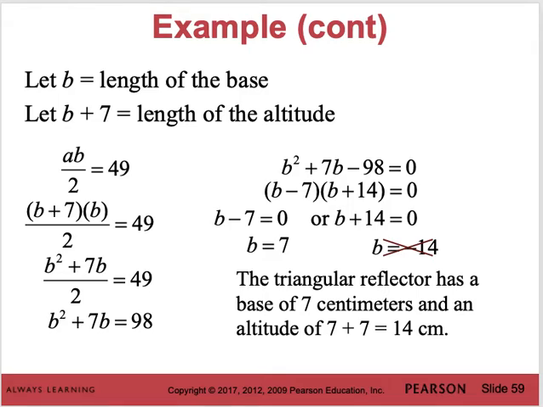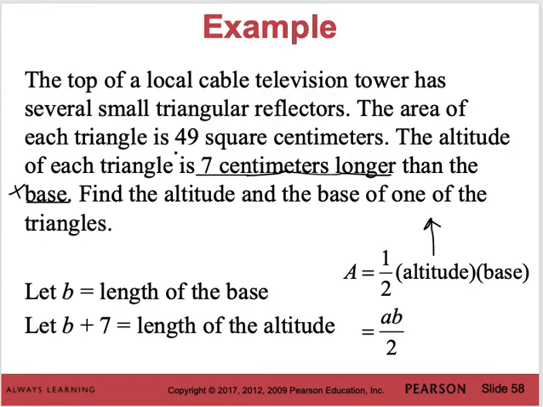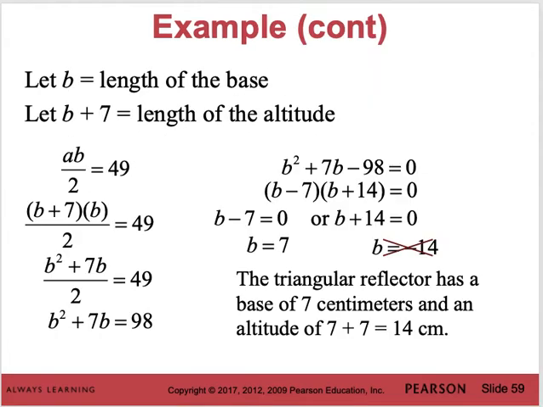And then we can replace that into our formula here. So area, base times height, divided by 2 equals 49. Remember, 49 was our area here, square centimeters.